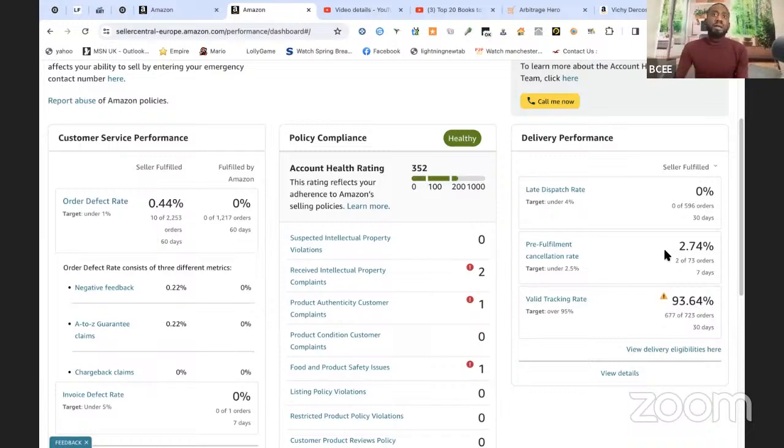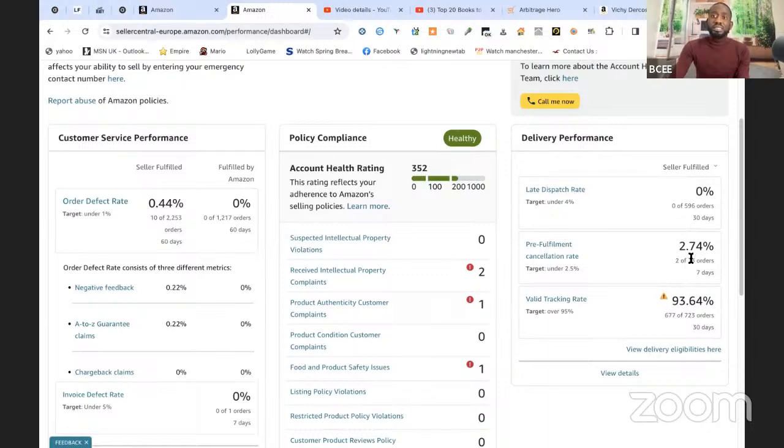When a customer buys a product from you, if you are doing, let's say, drop shipping, or you have the product in your house, because all this delivery performance applies when you are sending from your house or from your warehouse. When you send to Amazon, it doesn't apply to you. So if you send to Amazon fulfillment warehouse, it doesn't apply to you.